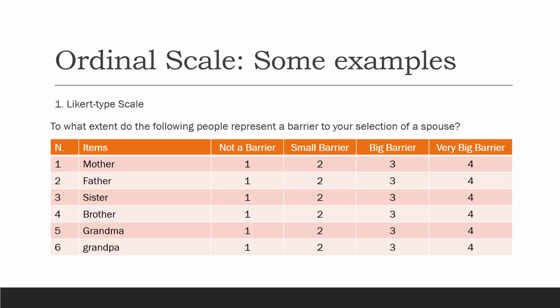There is no implication whatsoever as to the concept of less than or more than. For a nominal scale, there is no implied meaning at all regarding the concept of less to a lot, or small to big, or a little to a lot.